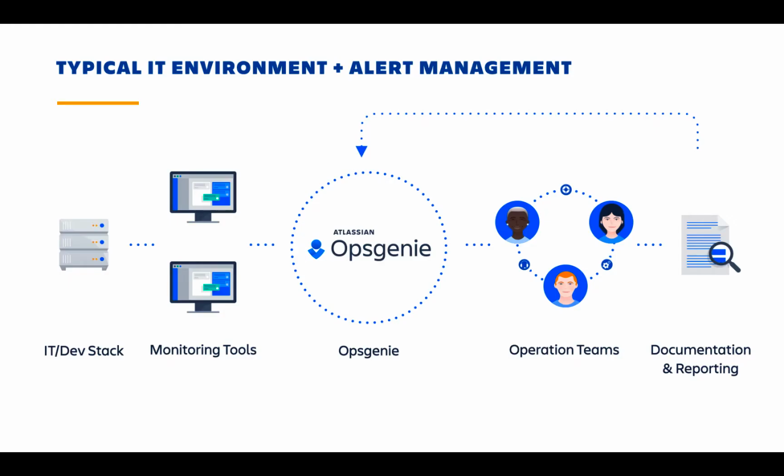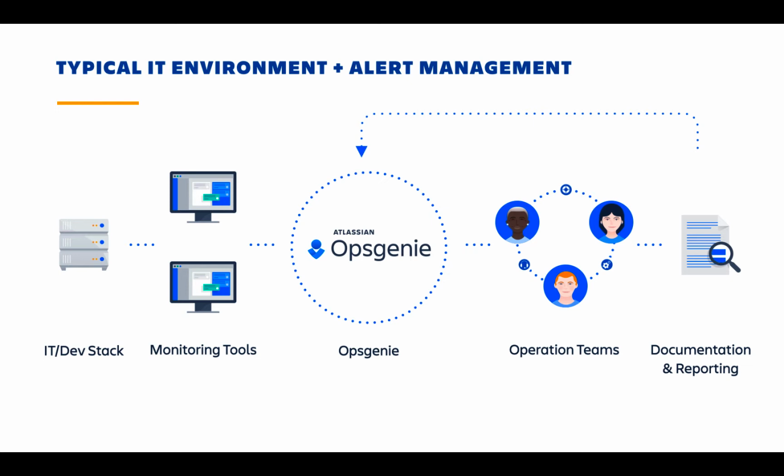So as alerting progressed and became a bit more modern, folks would take their IT dev stack and their monitoring tools, and then Opsgenie would live between the monitoring tools and the operations teams, acting as a dispatcher, collecting information. So Opsgenie has a bidirectional integration with monitoring tools, and they can talk back and forth.